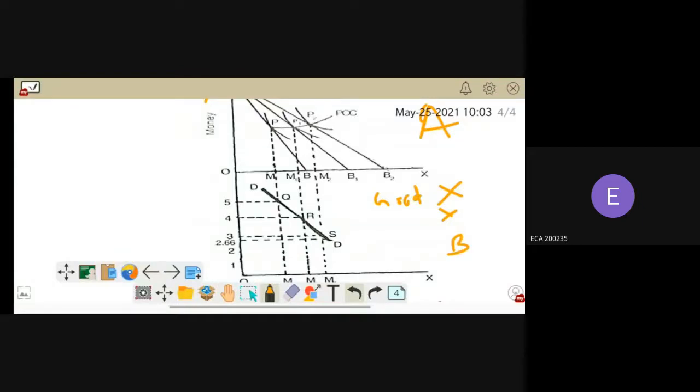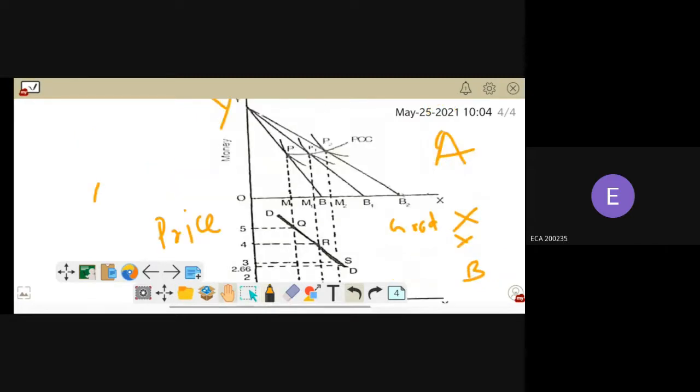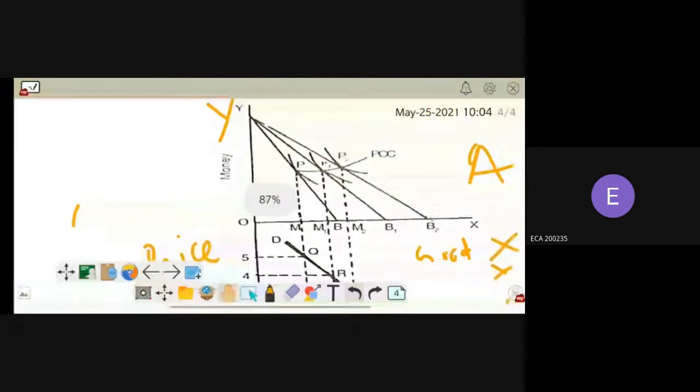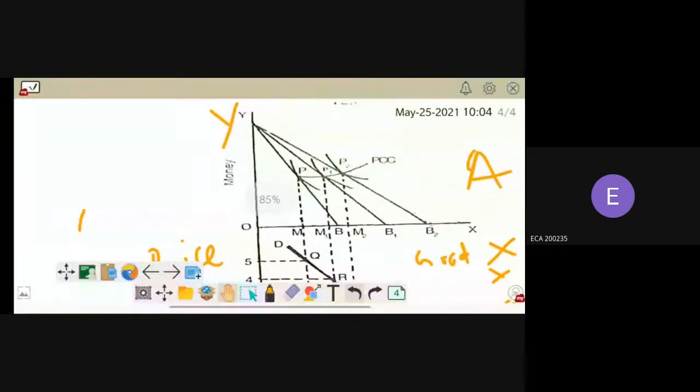And when we come to panel B, on the y-axis we measure price, and on the x-axis we measure quantity demanded of good X. Here, what you could see is that the price line, that is OA.